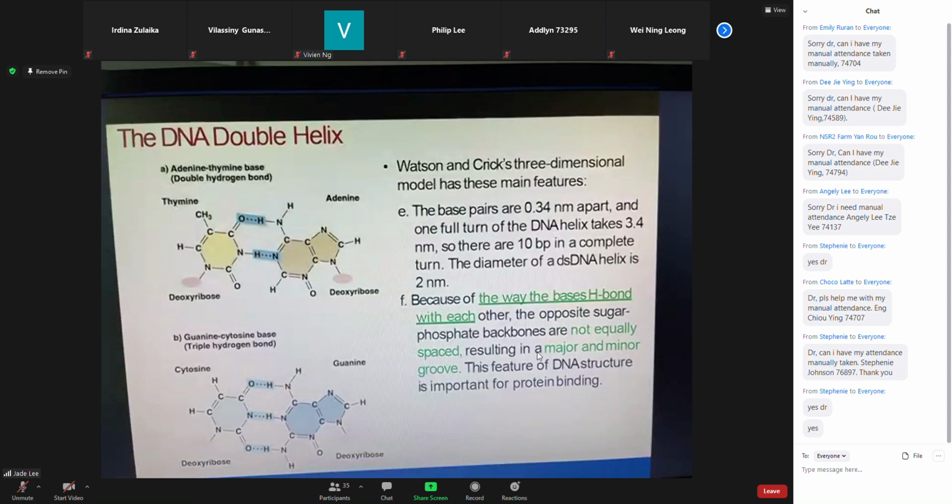This feature of DNA structure is important for protein binding, because there is a major groove and a minor groove. Because the backbone is not equal, it produces grooves, a major one and a minor one. So this is very important for protein binding, so that proteins can bind easily.